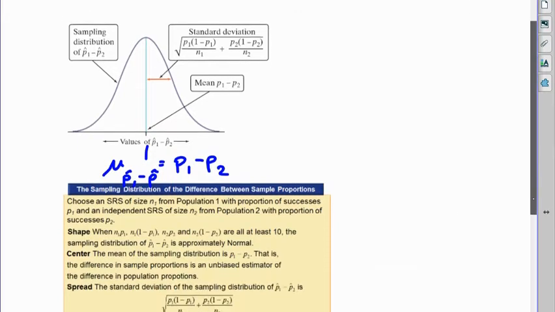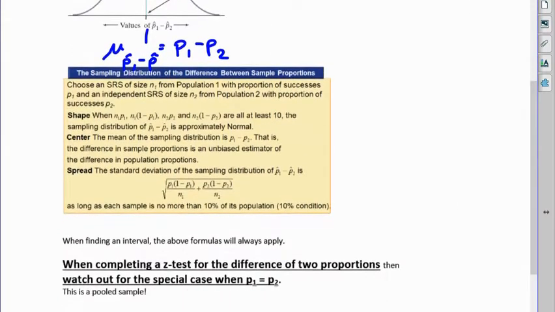So if we're going to be doing inference, we always have to check our conditions. And these conditions need to be true for both groups. So we're going to need both groups to be random, and we're going to have to check both.